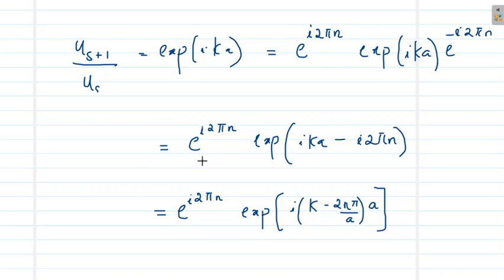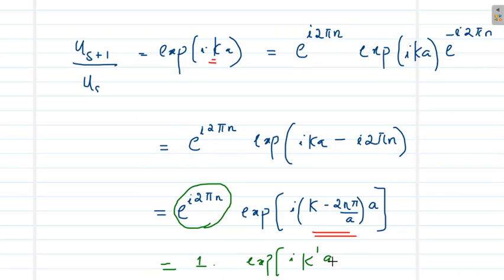So here, instead of K, we have obtained a new wave vector K dash, which is K minus 2n pi by a. We know e raised to i 2n pi is 1, so this is 1 into exponential i K dash a.